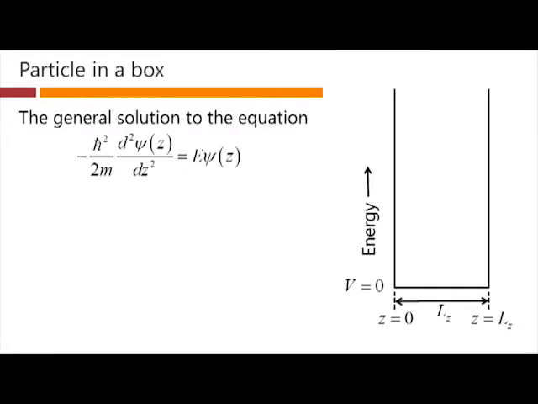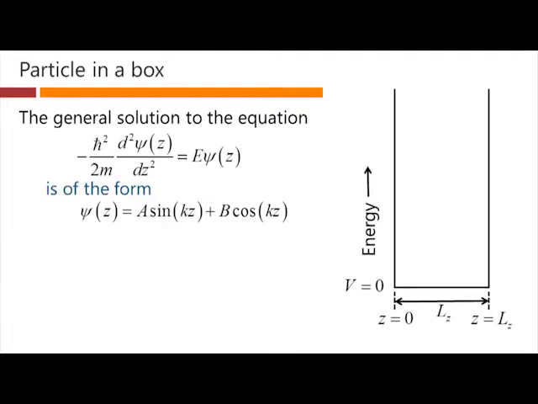Well, the general solution to this equation is of this form. We can have sinusoidal solutions, we can have cosinusoidal solutions. At the moment, until we apply the boundary conditions, we've got two arbitrary coefficients here. And this is one way of writing a completely general solution to that equation.